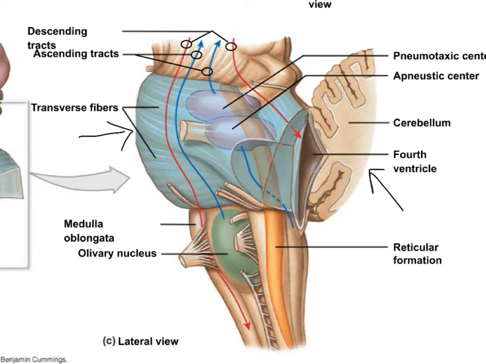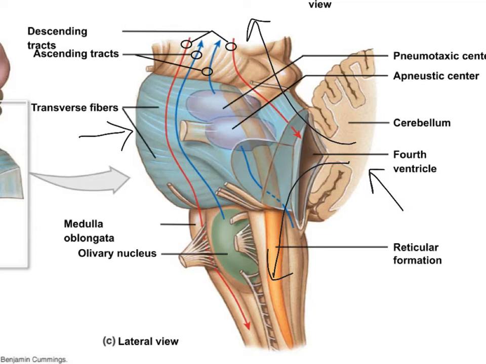So the pons is kind of like a passageway. It's a highway, if you will. And so there are some interconnections between the cerebellum and all the way up to the cerebrum. And there are interconnections from the cerebellum all the way down through the brainstem, to the medulla. And that has to occur through the pons. It has to go through the pons, right?